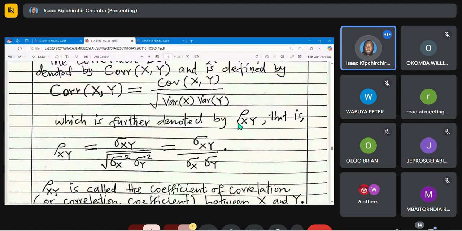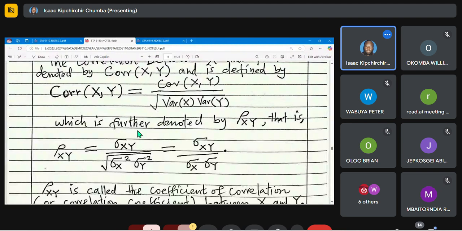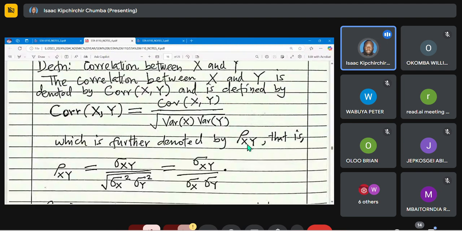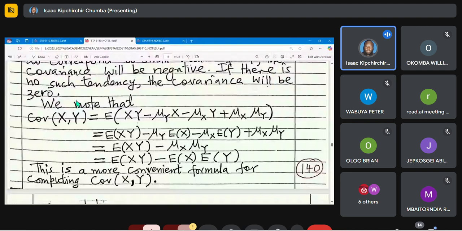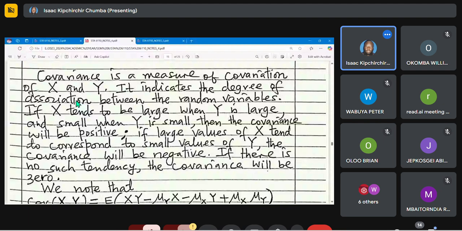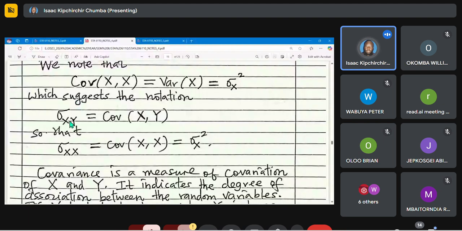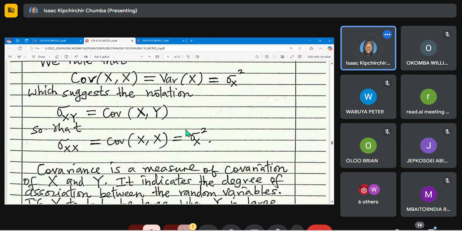The x and y are subscripts. So for correlation, rho xy is the correlation of x and y, same story.